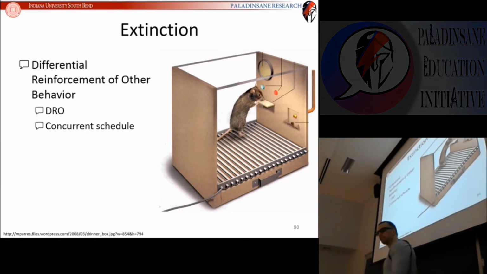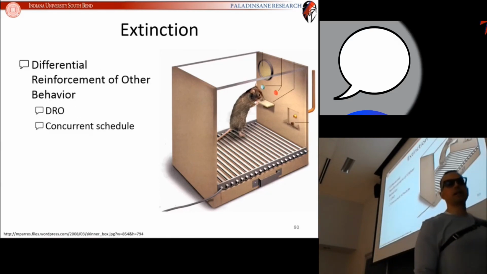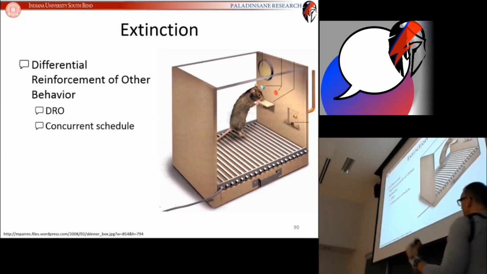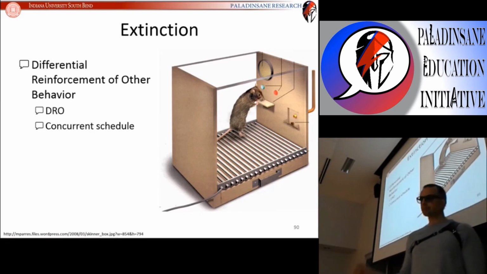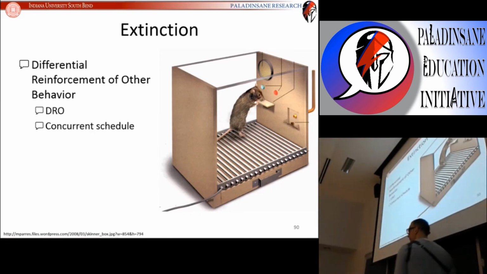All right. The final thing that I think we have to dissect in this treatment is part of the extinction procedure. When Dr. Fox put Harry on an extinction procedure, they were very, very careful to put him on a differential reinforcement of other behavior procedure.